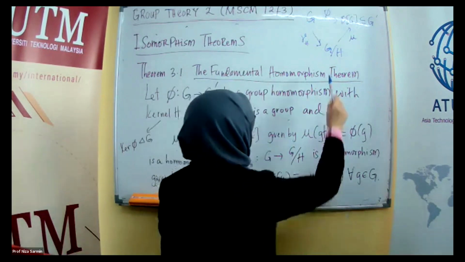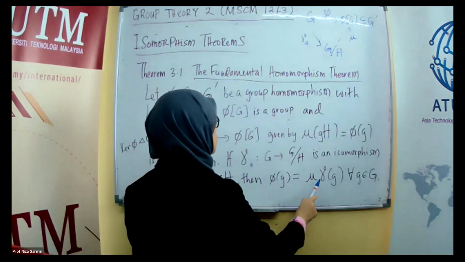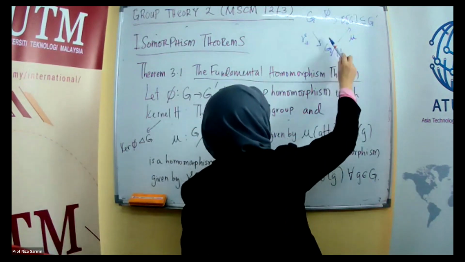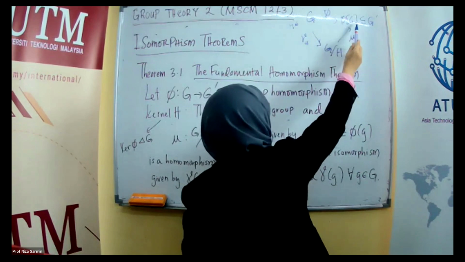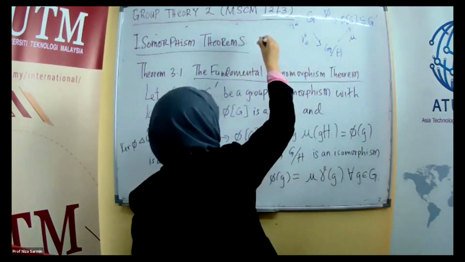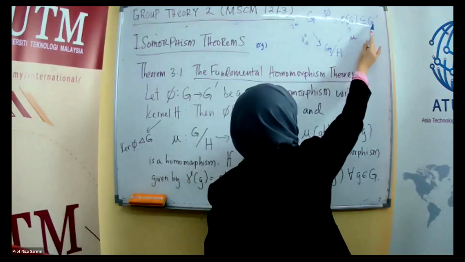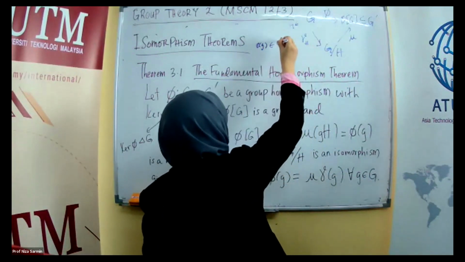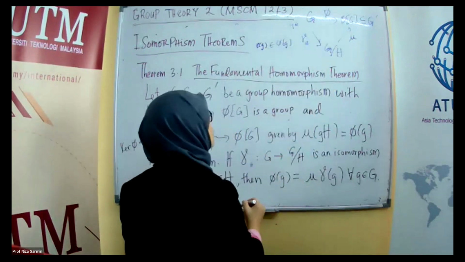Then we say that this can be written as from that G, right? If there is a G here, so phi of G you get in here, right? Or you can go that way.